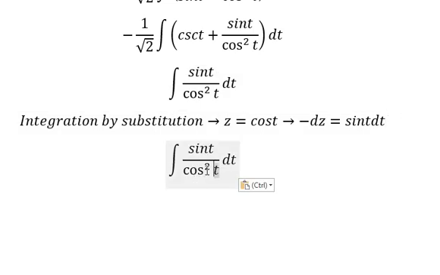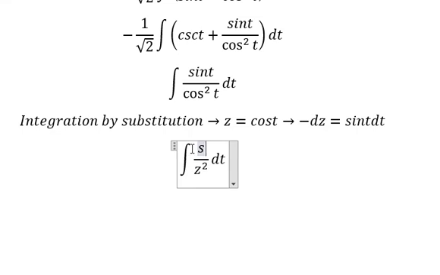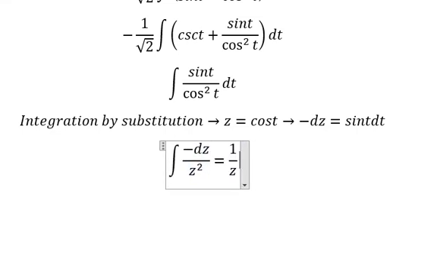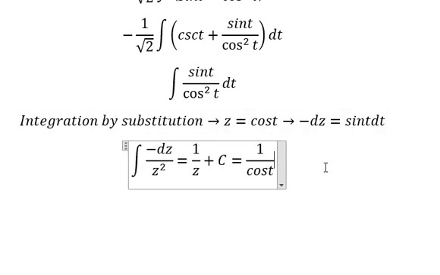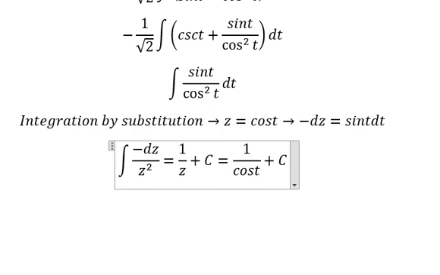So this one we put z square, sine t dt we change by negative dz. The integration of this one, we have 1 over z plus c. Z is cosine t. And we put c.